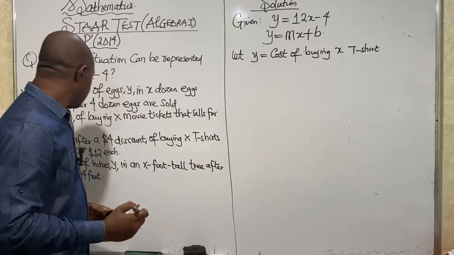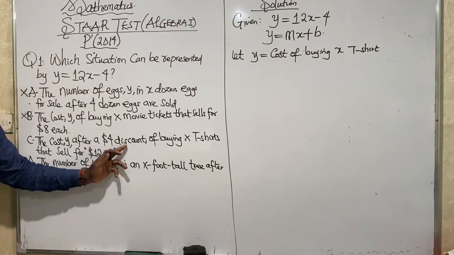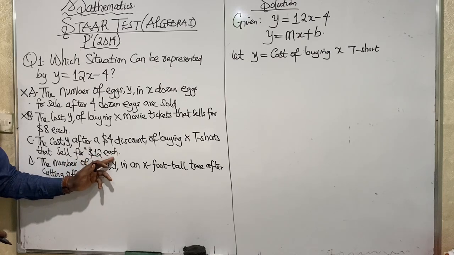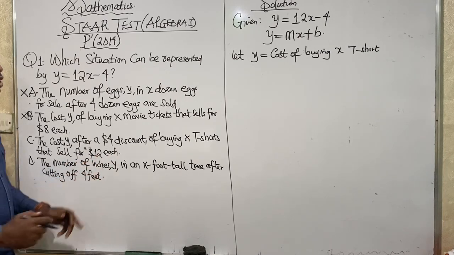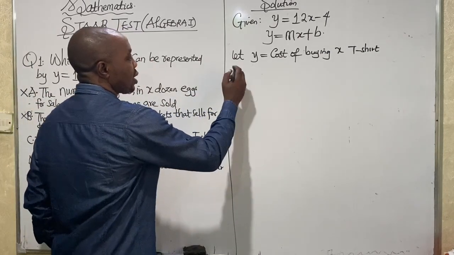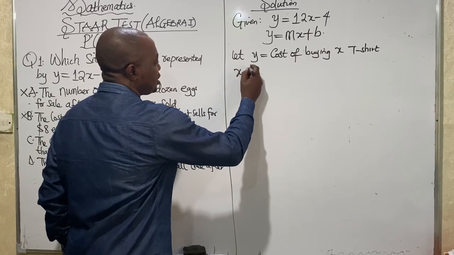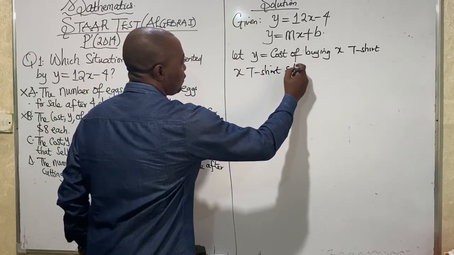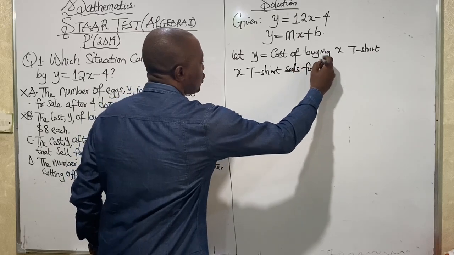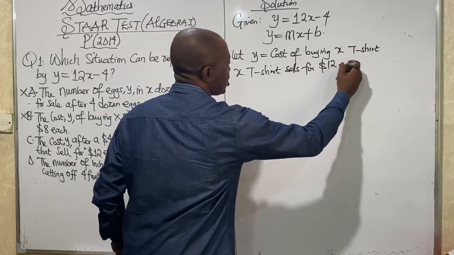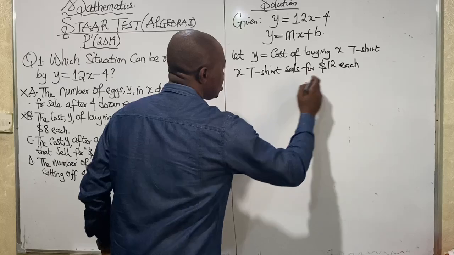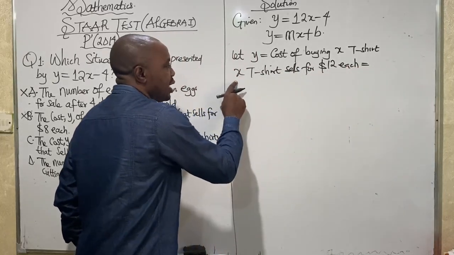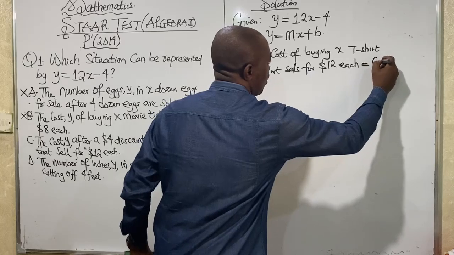So now we have a $4 discount of buying x t-shirts that sell for $12 each. That means this is going to be the cost of buying x number of shirts.